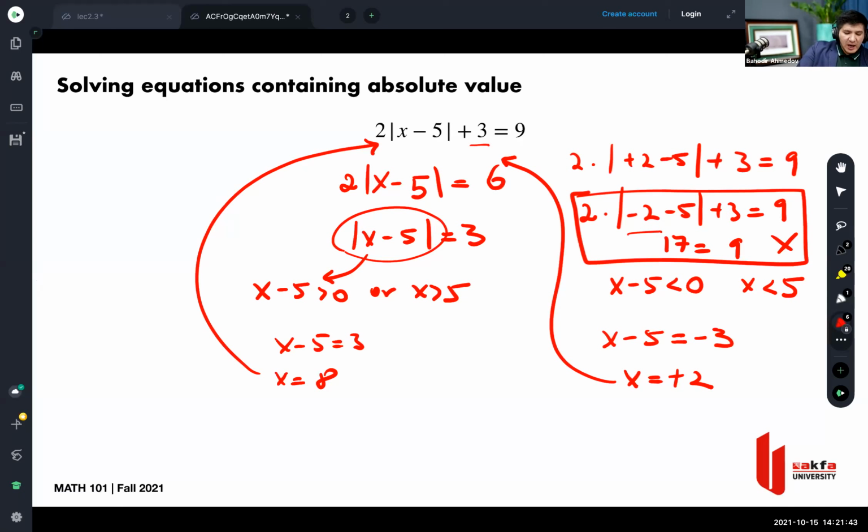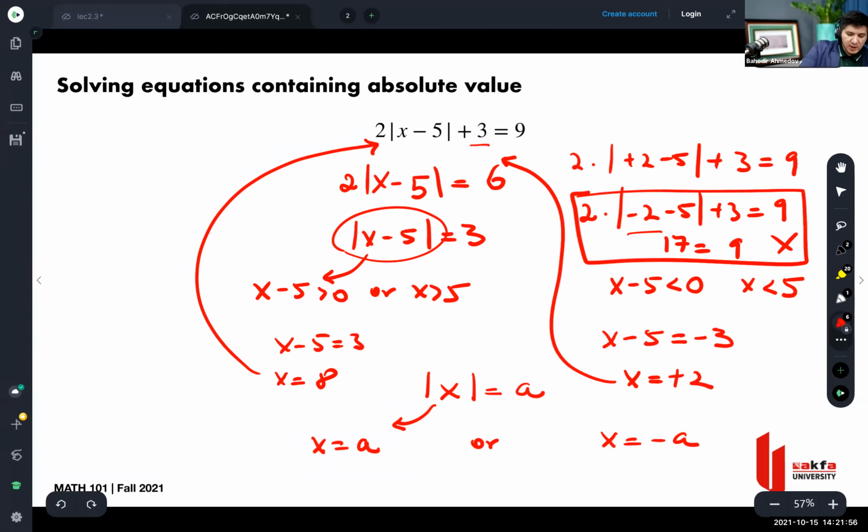Again, in general, this is your strategy or your algorithm. If the absolute value of x is equal to a, then it means either x is equal to a or x is equal to minus a. Similarly, if you've got absolute value of x plus 5 is equal to 11, it means either x plus 5 is equal to 11 or x plus 5 is equal to minus 11.